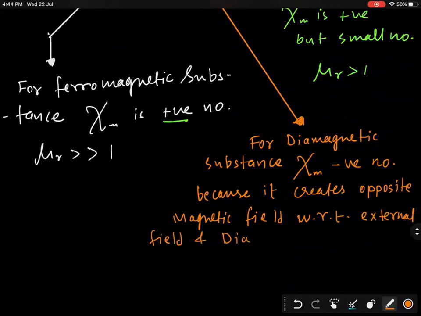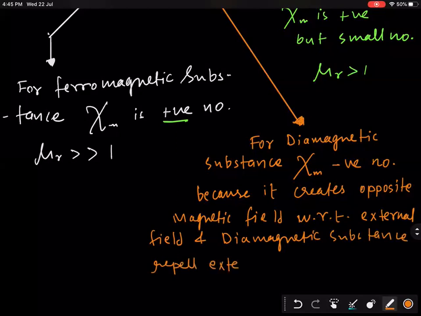And a diamagnetic substance repels the external magnetic field, right? Do you understand that?